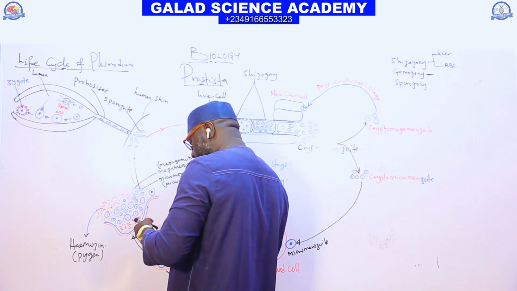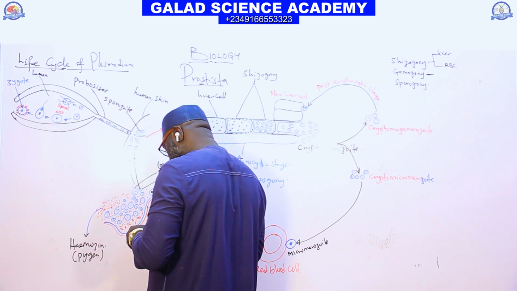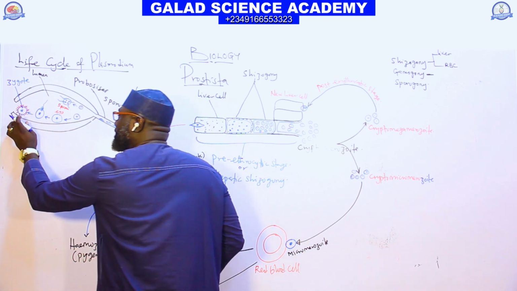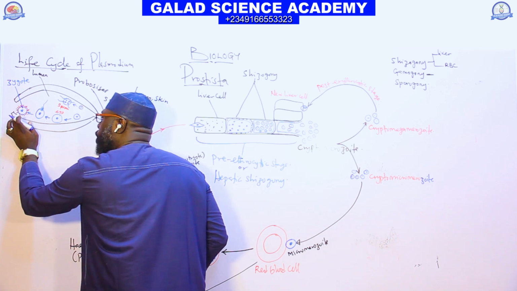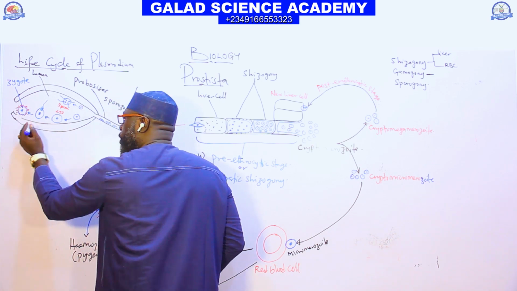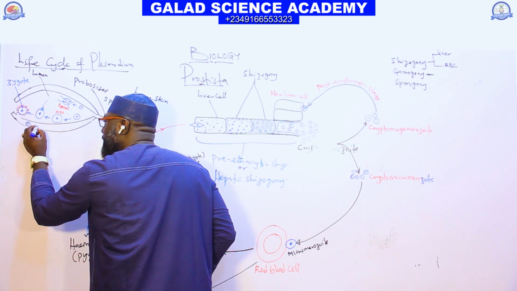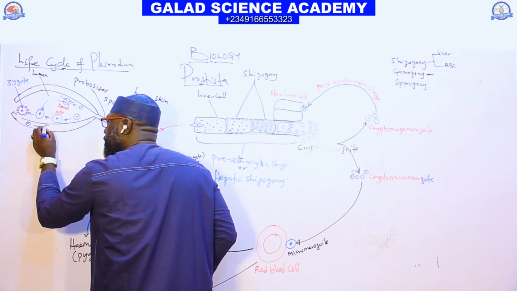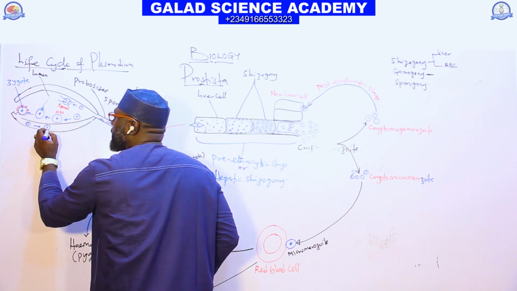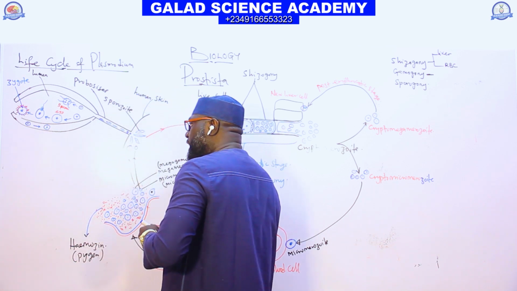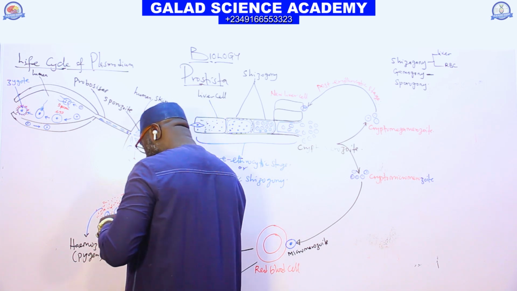So this one is a motile zygote. It will now penetrate the mosquito stomach wall. It will find the way to move to this side. This, on getting into the stomach wall.